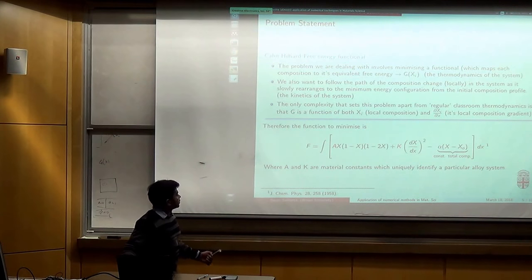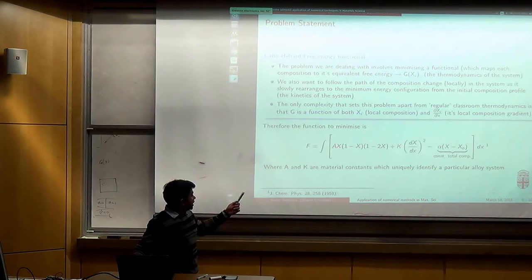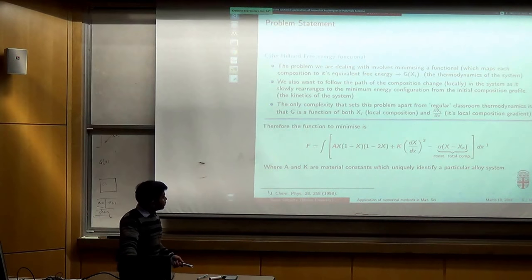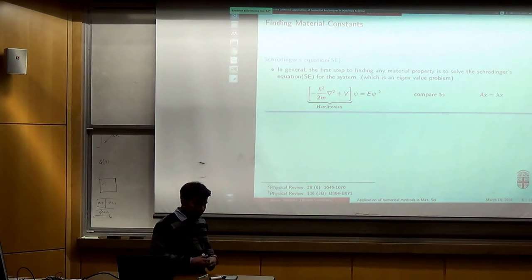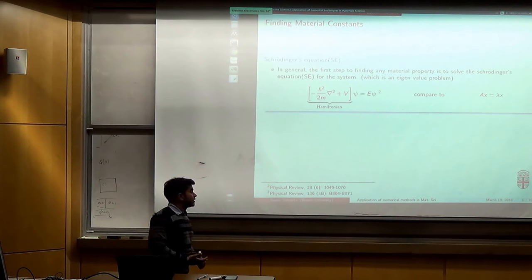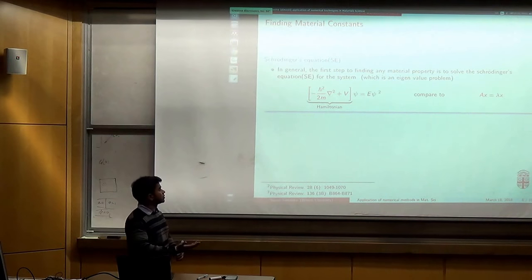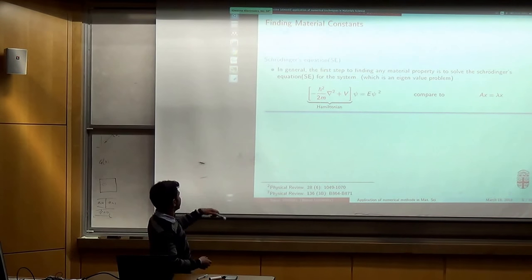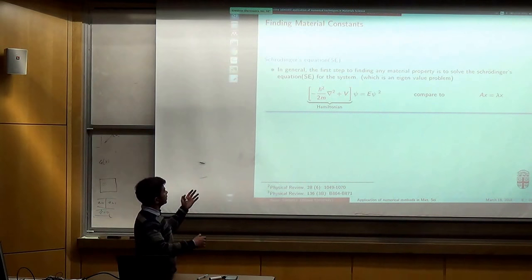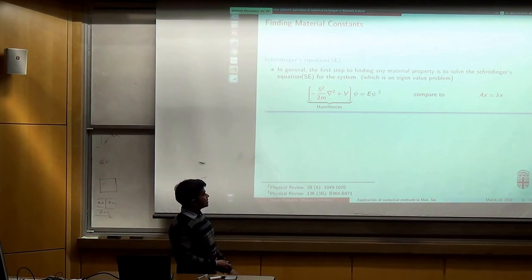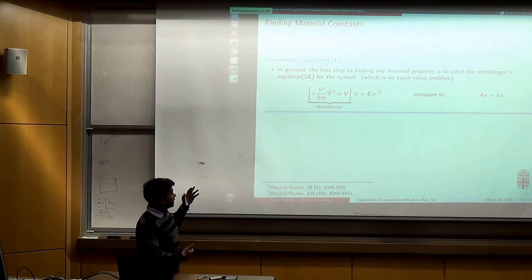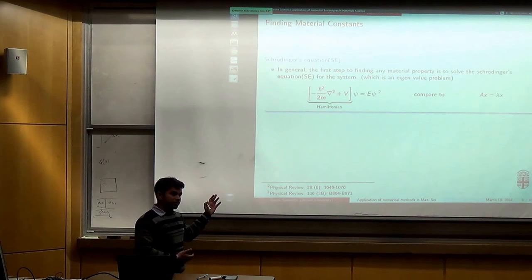Now let's try to solve it. The first step here is figuring out the values of A's and K's, which I said are material constants. And to figure out from very basic physics what those constants are, we ultimately need to solve the Schrodinger equation, which is given by minus h bar squared over 2m grad squared plus V. And if you compare that with Ax equals lambda x, you will find that the Schrodinger wave equation is an eigenvalue problem.